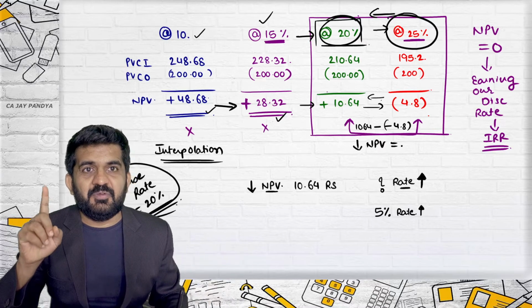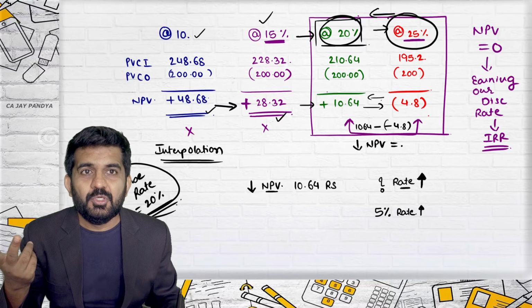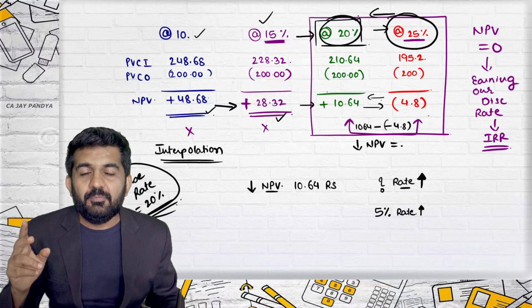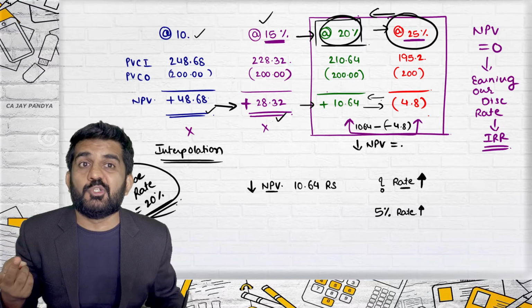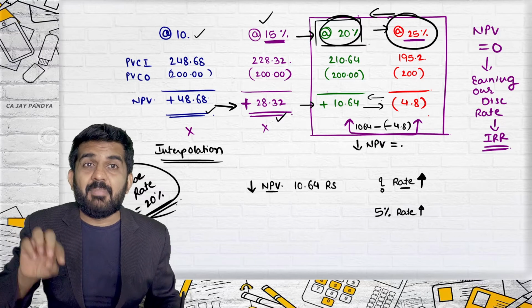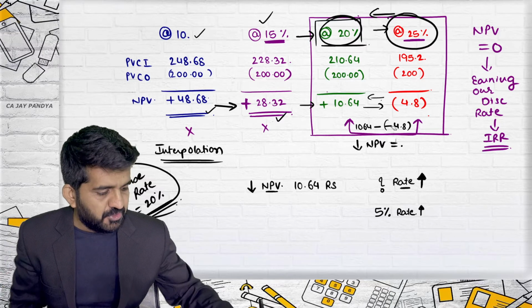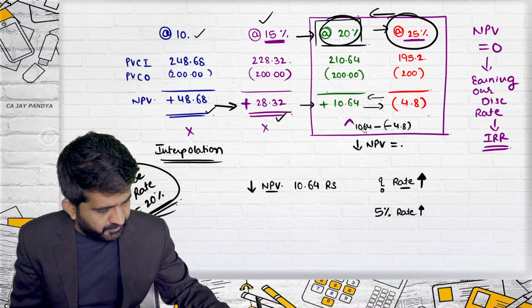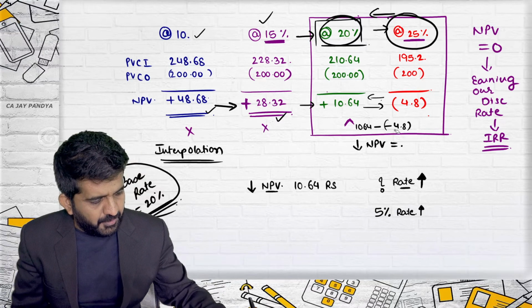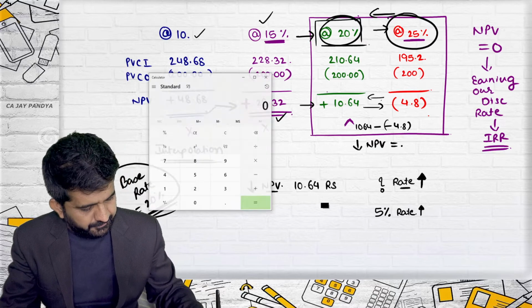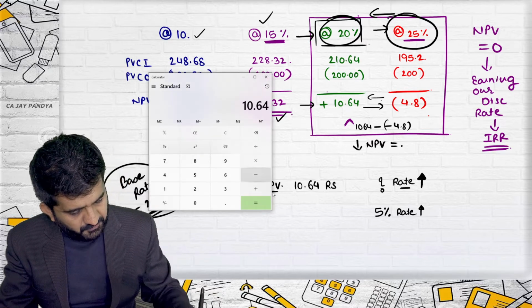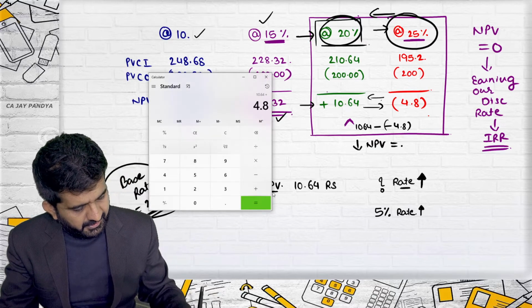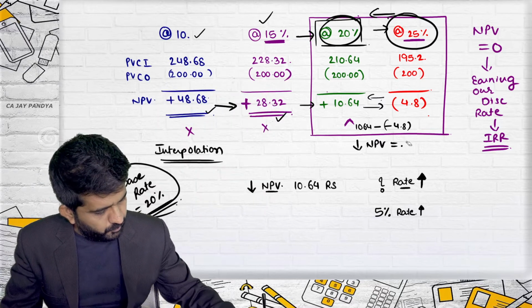See, difference between 1 and -1 is not 0. Difference between 1 and -1 is 2. 1 and -1, I want the difference. Difference is 2, right? So difference in NPV is 10.64 plus 4.8. It is 15.44.